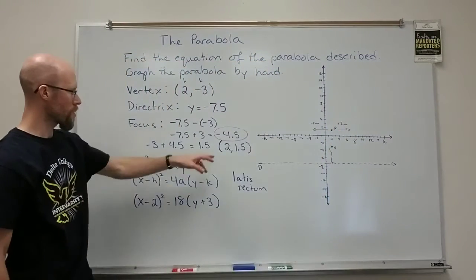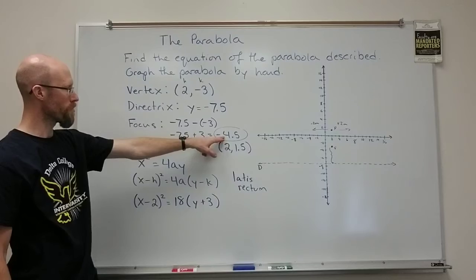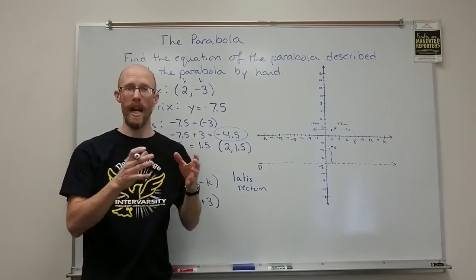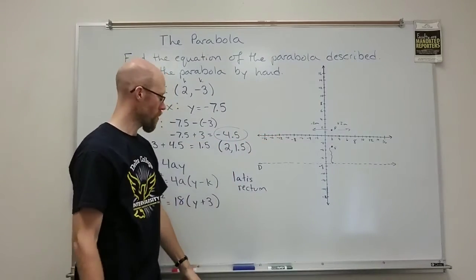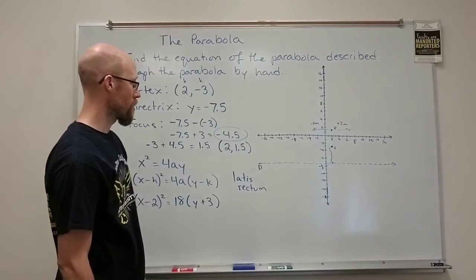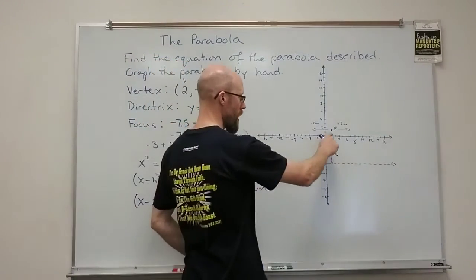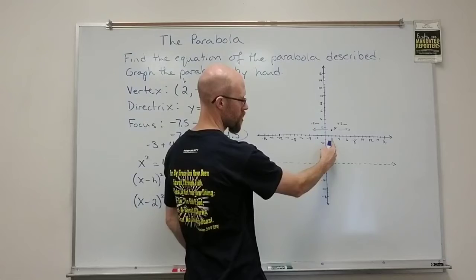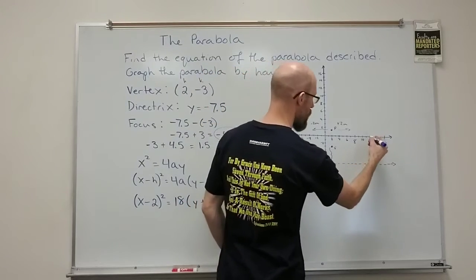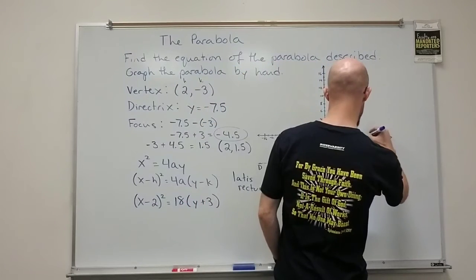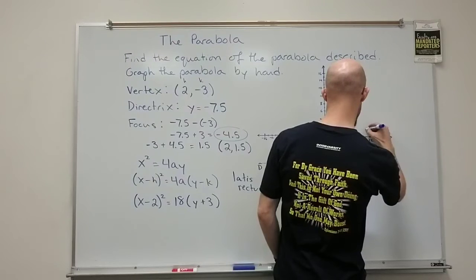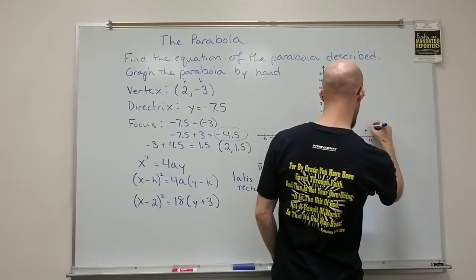And so in our case, the A value is 4.5, so that means I need to go 9 in each direction. So if I go to the right 9 units from the focus, starting at 2, going right 9, that puts us at 11. So it'd be 11, comma 1.5.